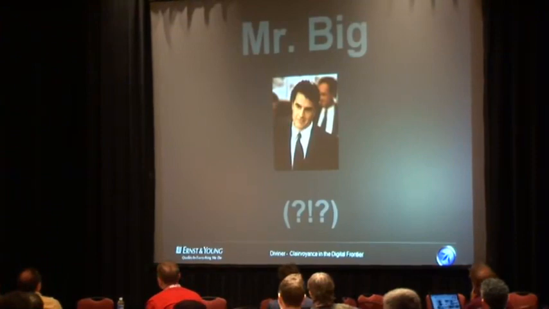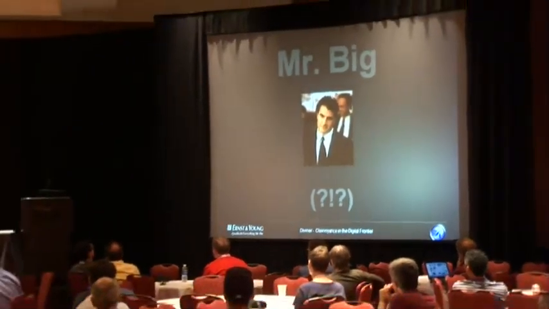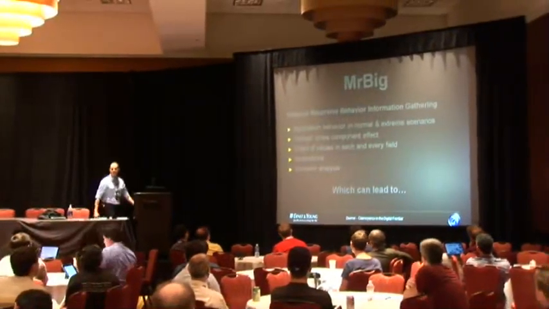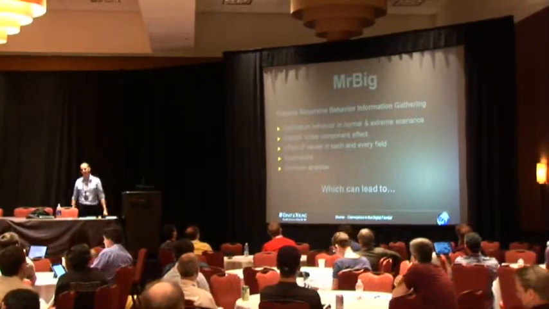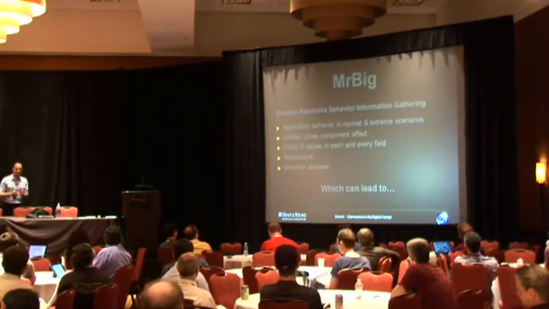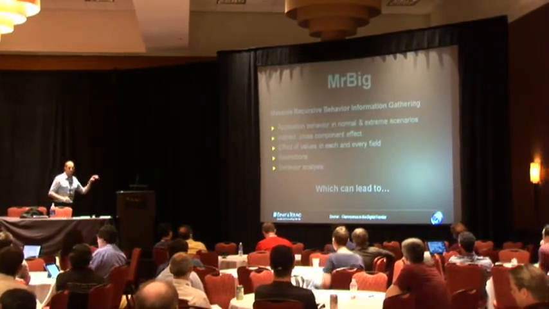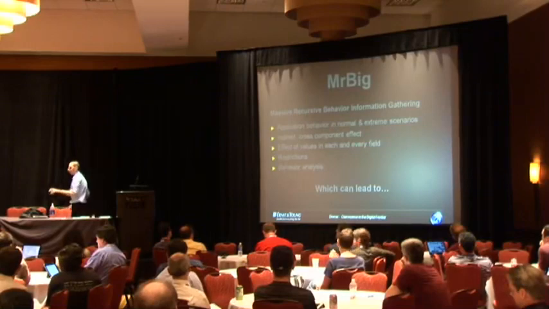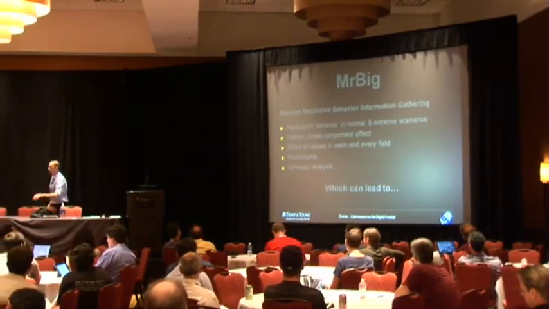Now, initially we tried to force the acronym, the initials, and Miyagi, but no matter what we did, it didn't work out. So what Mr. Big stands for is massive recursive behavior information gathering. It means, in plain words, that we attempt to collect all the behaviors that the tester would have attempted to locate manually in an automated manner.